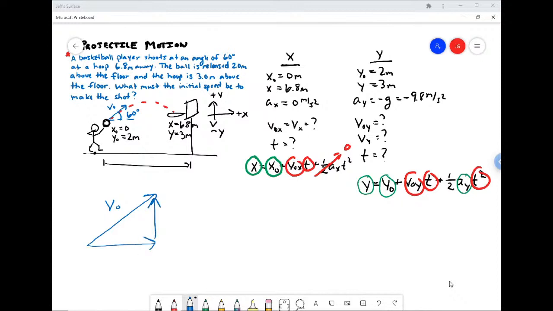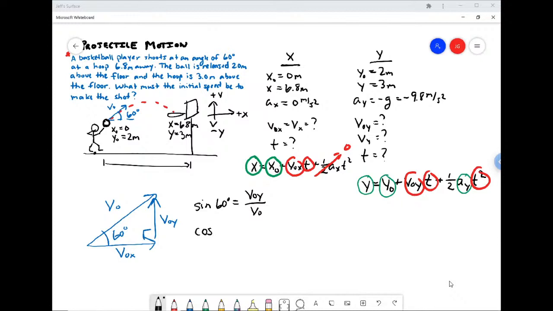And we learned that when you have two-dimensional vectors, you can break them into x and y components using trigonometry. So you add the x and the y together, tip to tail, and you get the whole thing, v naught. And trigonometry tells us that the sine of that angle equals the opposite side, which in this case is v naught y, over the hypotenuse.